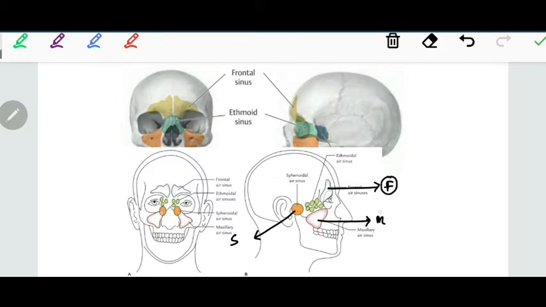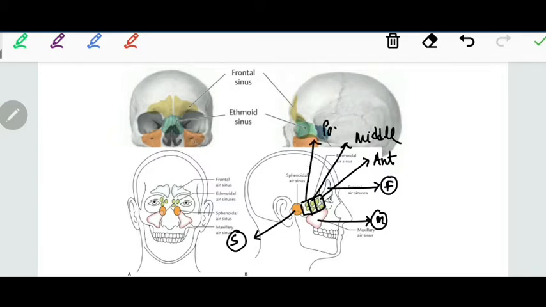These three of them are present in pairs, save for the ethmoidal air sinuses. They are present in groups, arranged in three groups: anterior, middle and posterior on each side.